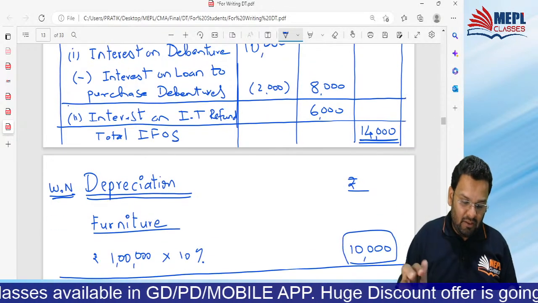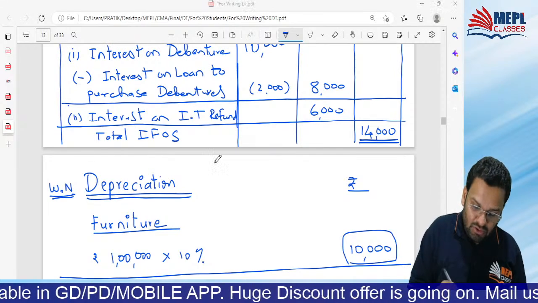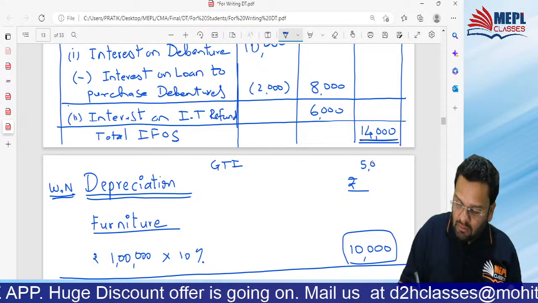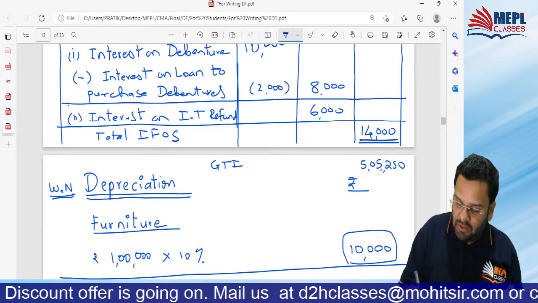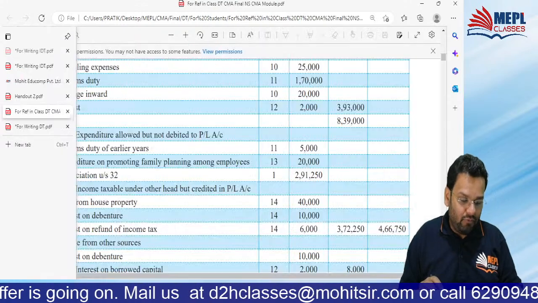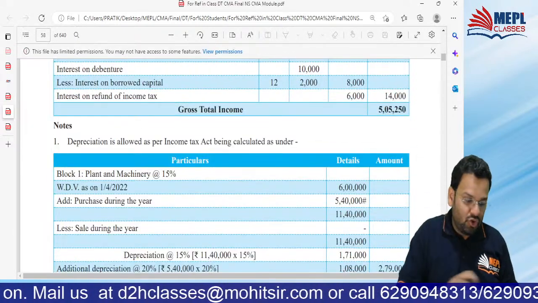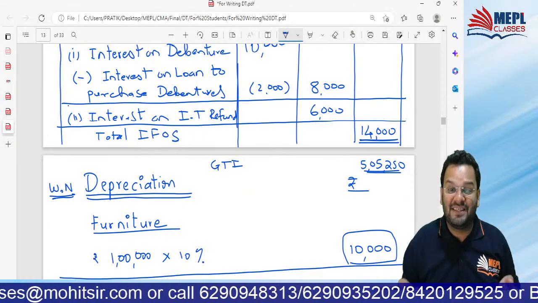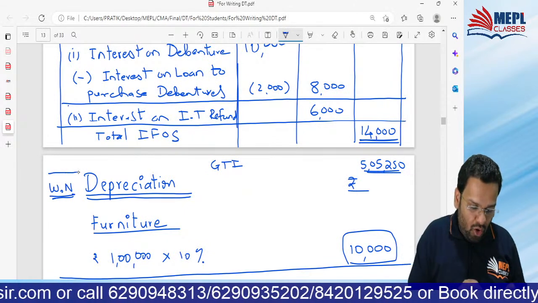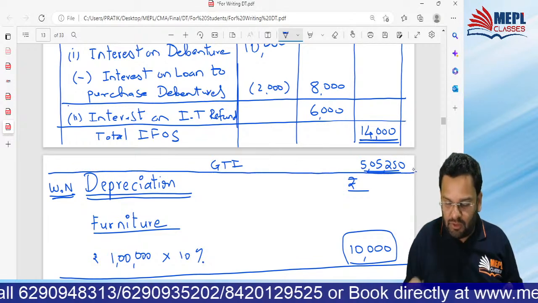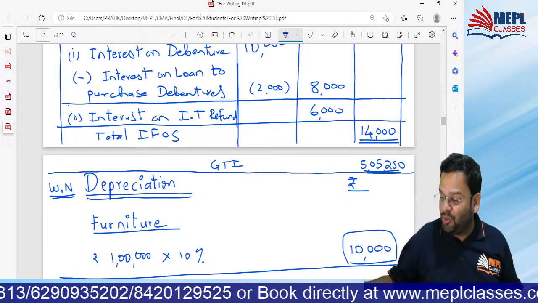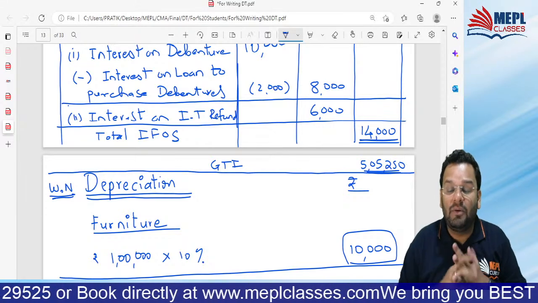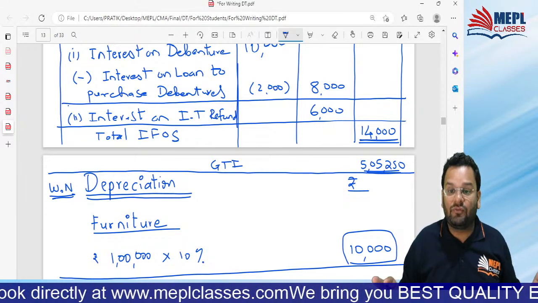Are you getting your gross total income at 5,05,250? 5,05,250 should be your gross total income. Yes, please let me know who all did the whole question with me and got gross total income of 5,05,250.